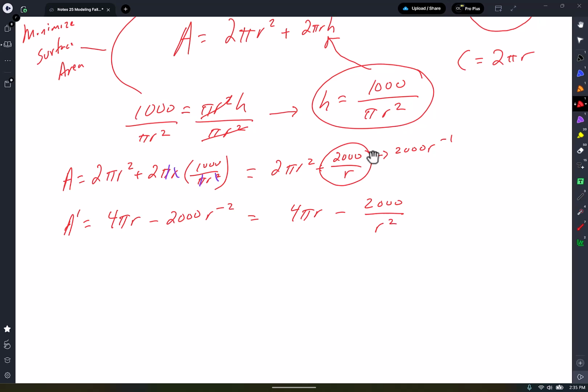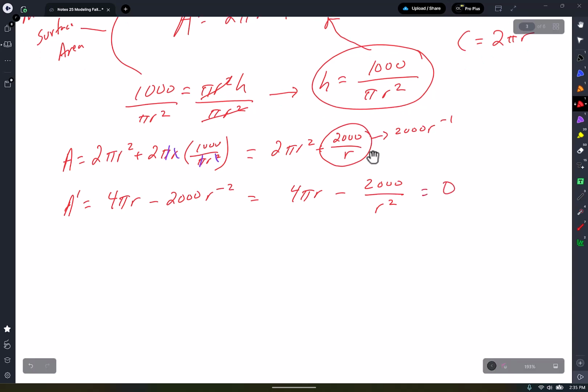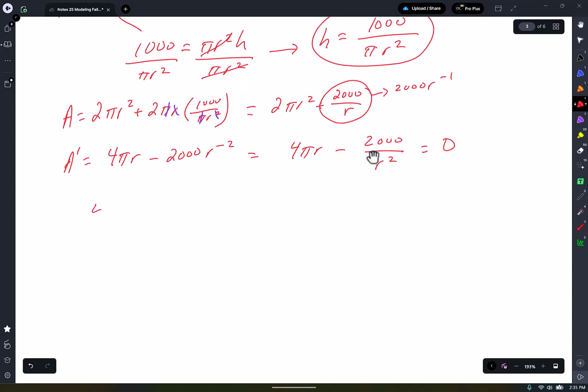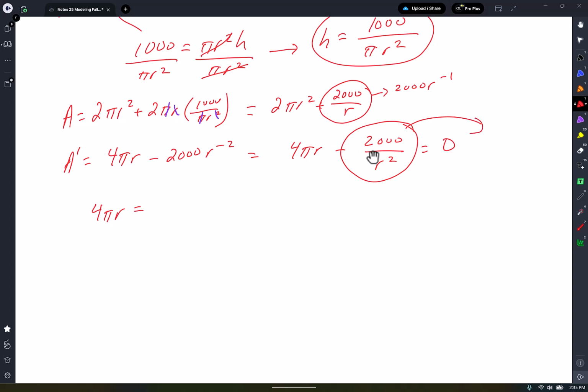And since that's my derivative, I'm going to set this equal to 0. And let's solve for r. So 4 pi r equals, I'm going to move this to the right, 2,000 over r squared.